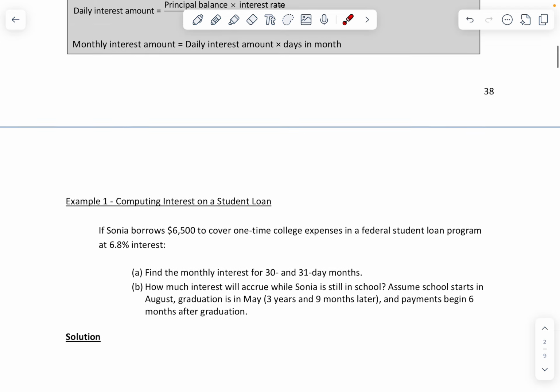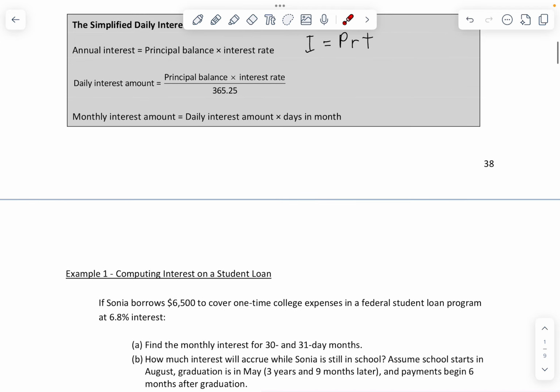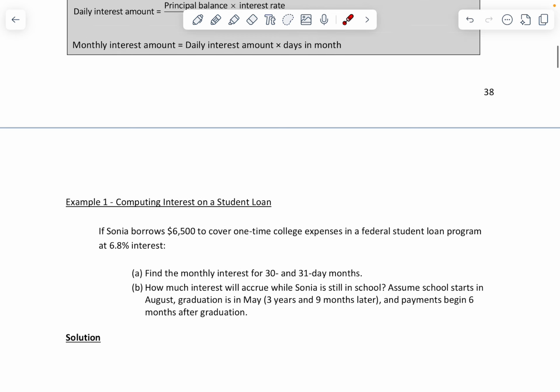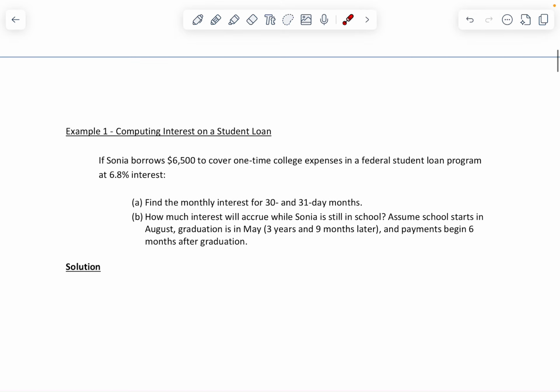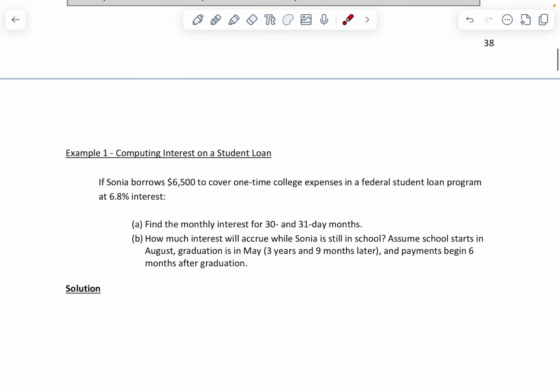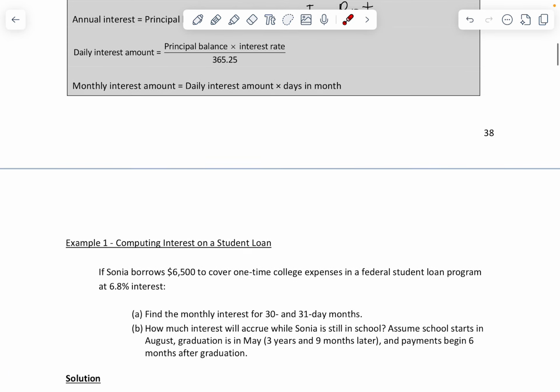So using the formulas on this previous page, we want to take the principal balance and multiply it by the interest rate, and then we'll divide that by 365.25. So we're basically going to use this formula right here to find the daily amount, and then we'll multiply that by 30 to find the monthly amount for a 30-day month, and 31 to find the amount for a 31-day month. So starting with that formula, let's see, principal balance.